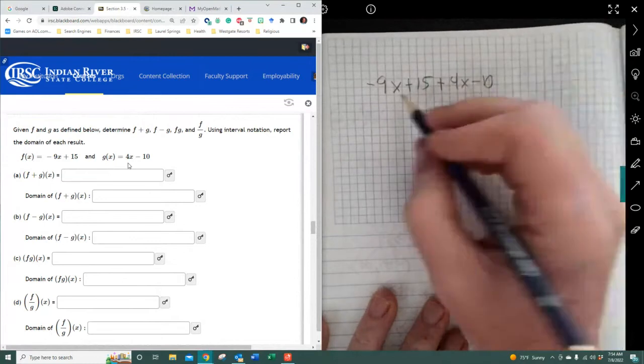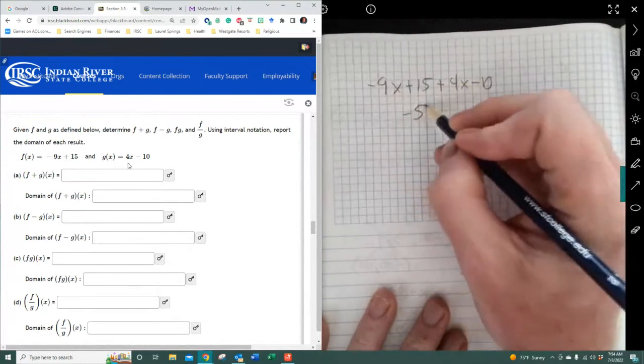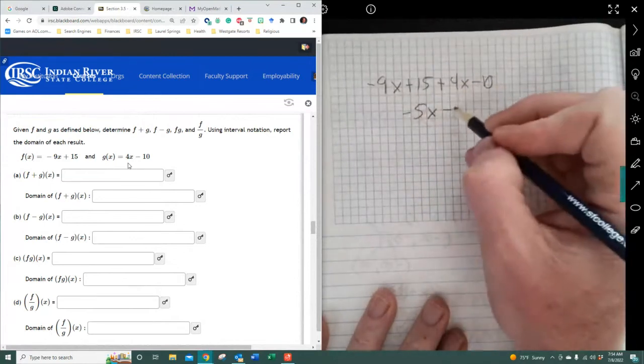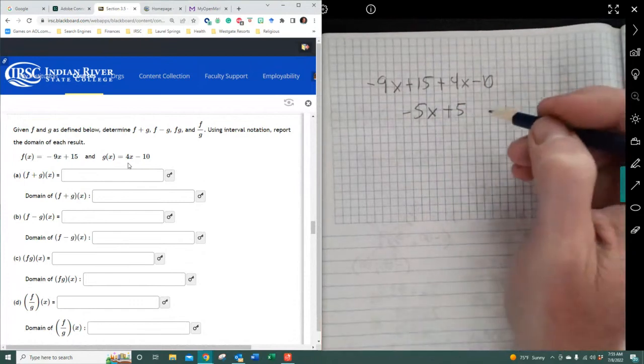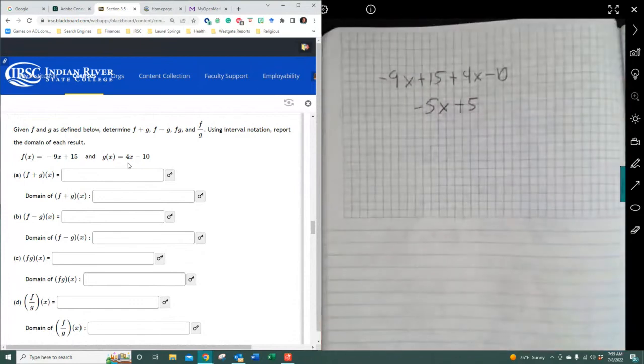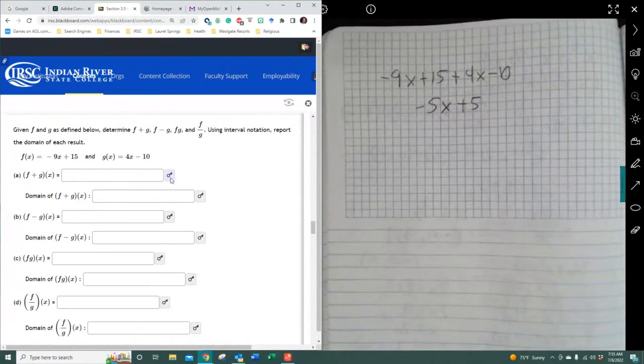I'm adding these together, I get negative 5x, and then I add this together, I get positive 5. All right. And so that's the answer we're looking for there.